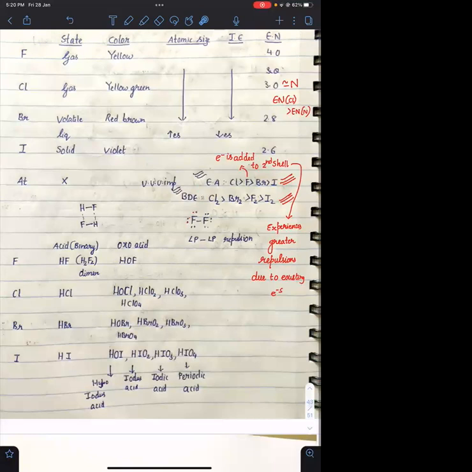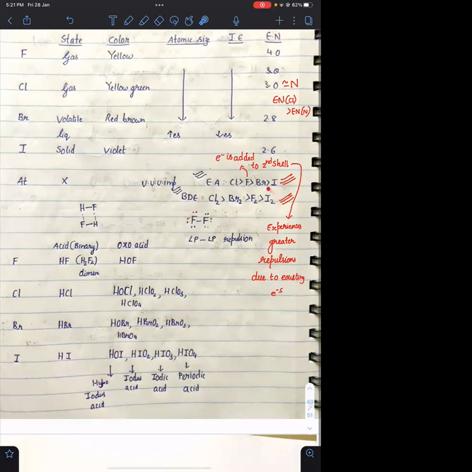Both fluorines being small, these lone pairs, 3 lone pairs each, are close. But for the rest, chlorine, bromine, iodine, those having greater sizes, the electrons will be far from each other, or the repulsive forces will be relatively less. In the case of fluorine, the atom being smaller, the lone pairs will be closer. As a result, whatever lone pair repulsions are there will be dominant and the bond energy decreases.